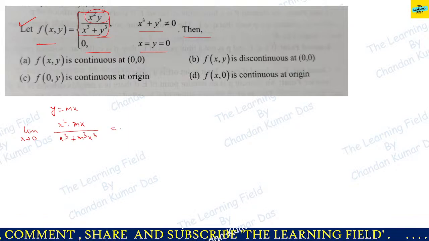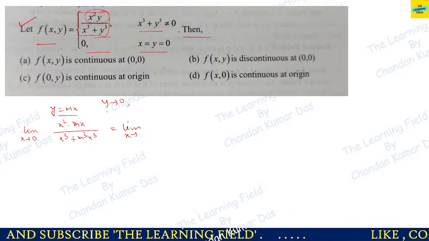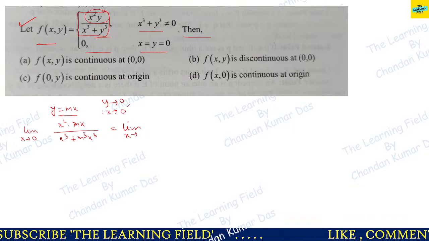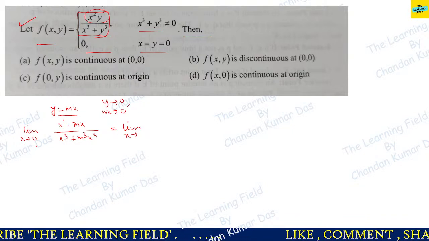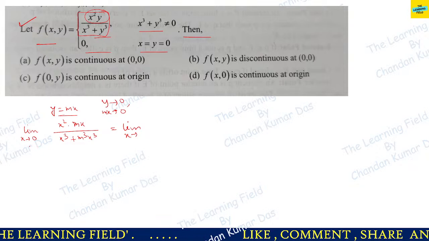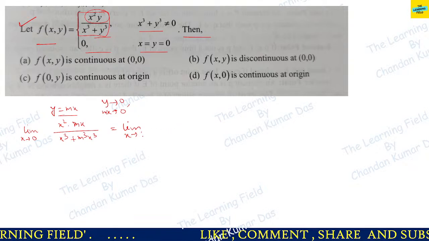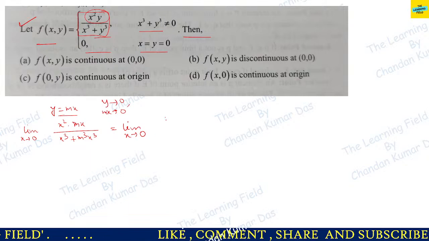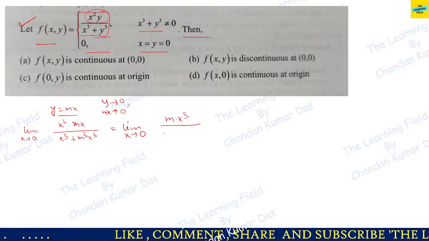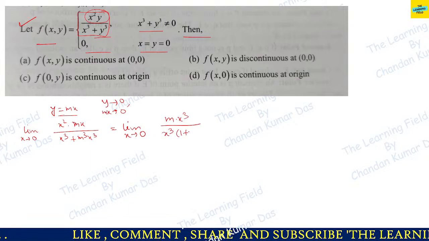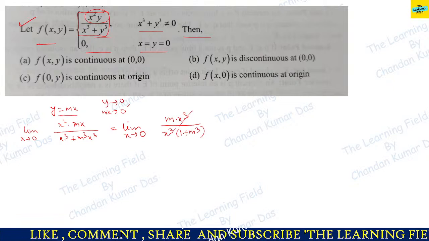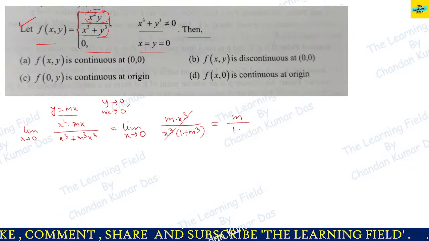Since y tends to 0 means x tends to 0, this double limit is converted to a single variable, single limit. So as x tends to 0, this is m x cube by x cube into (1 plus m cube), which equals m by 1 plus m cube.